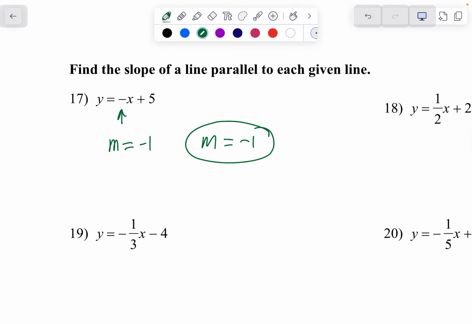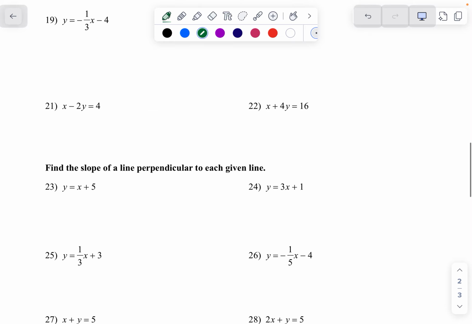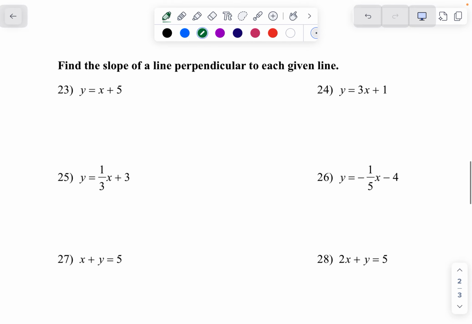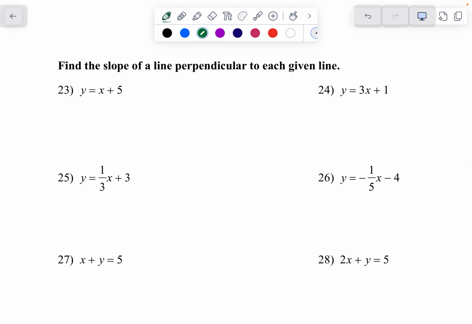It's not until you get to 23 through 28, the ending, they're asking you to find perpendicular. So pull out the slope that you got. In this case, it's 1. Remember, if you can't see it, the coefficient is 1. And then all we're going to do for the slope we want is change its sign and flip it.